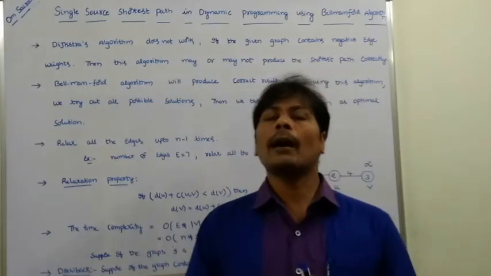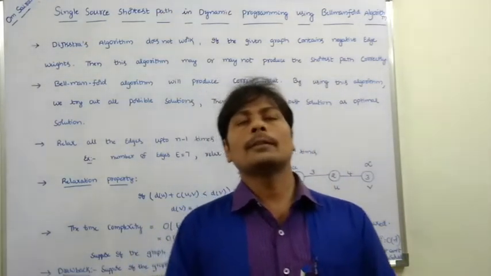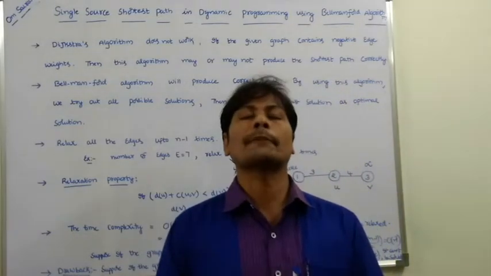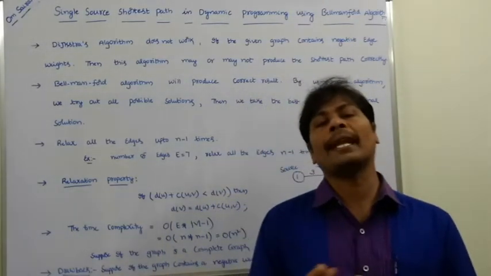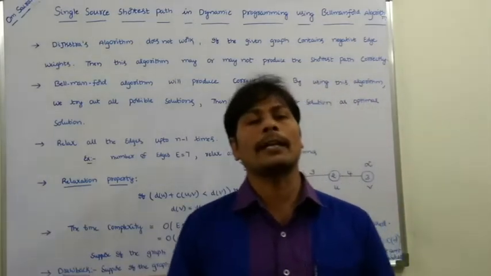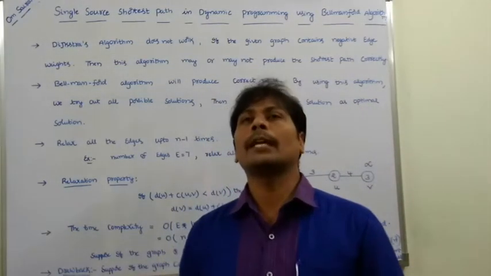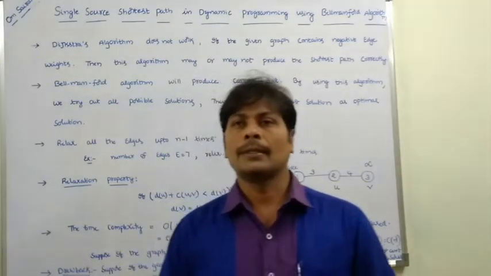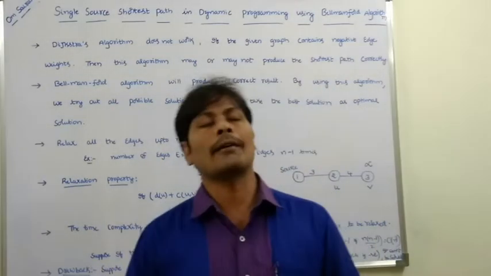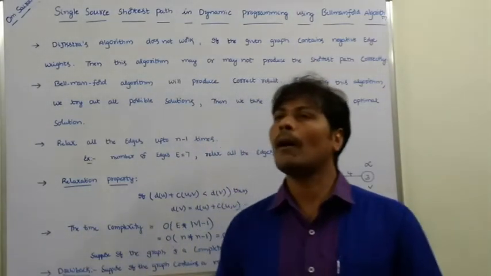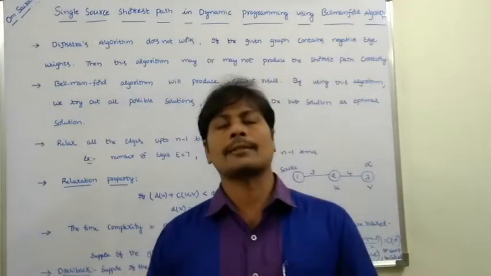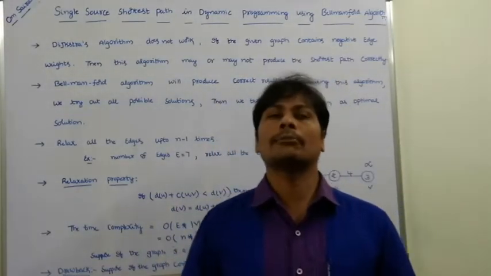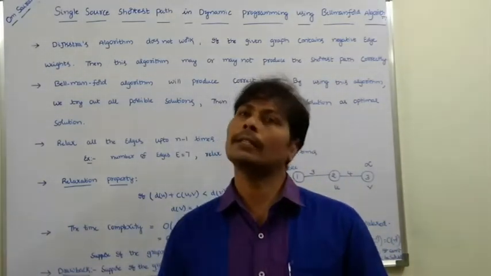It is used for finding the shortest path from the source vertex to all the remaining vertices of the given graph if the graph contains negative edge weights. By using this algorithm, we find the minimal shortest distance from the source vertex to all the remaining vertices.